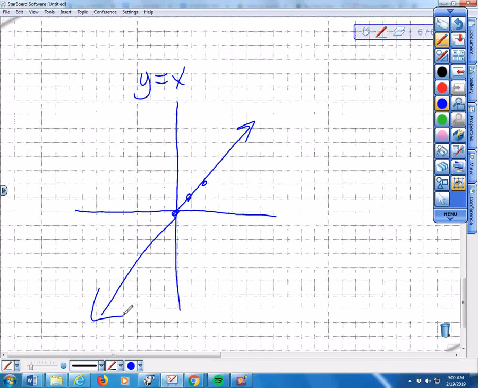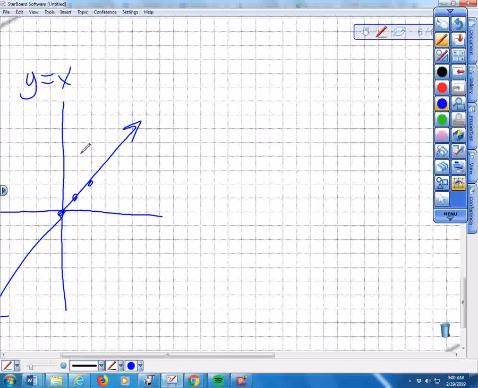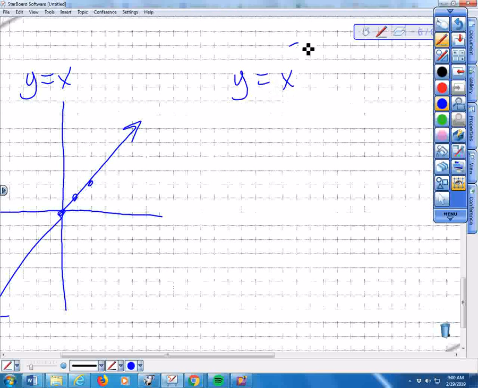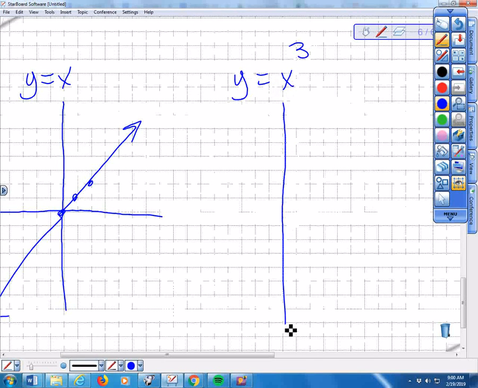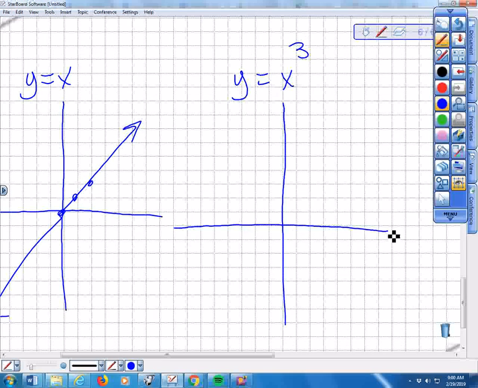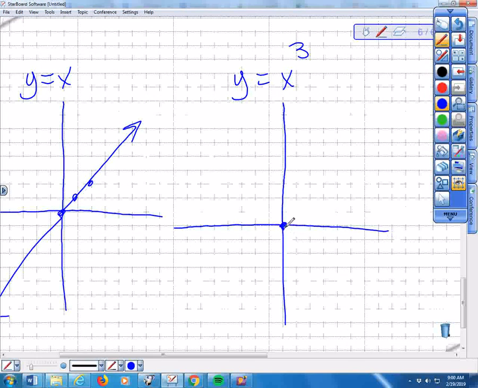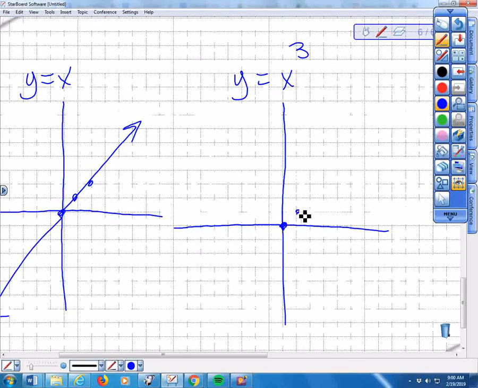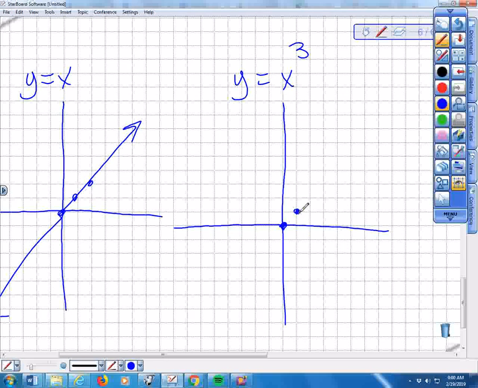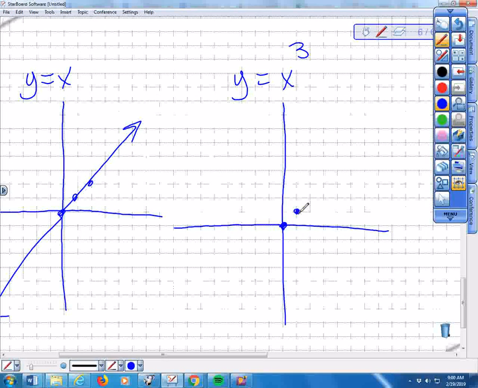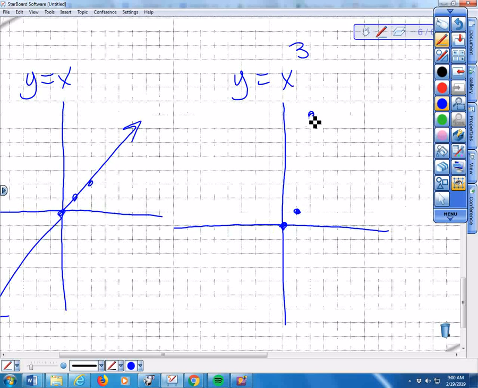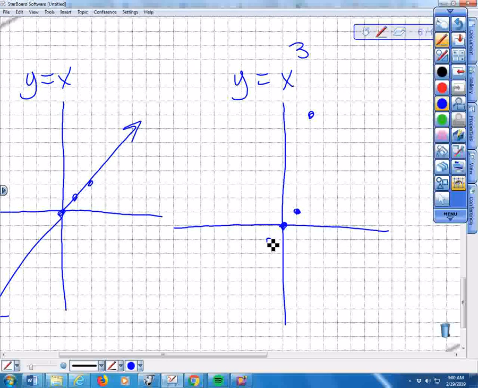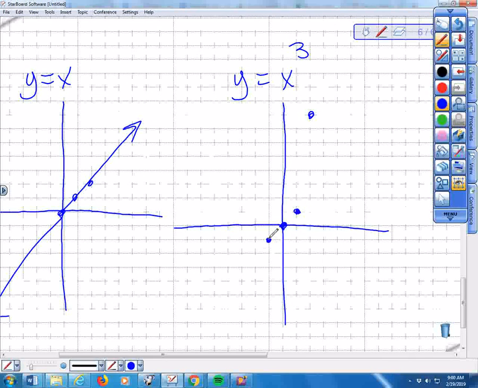What about y equals x cubed? 0, 0 is a point on it. 1, 1, right? If x is 2, y is 8. Negative 1, and then 2, 8.